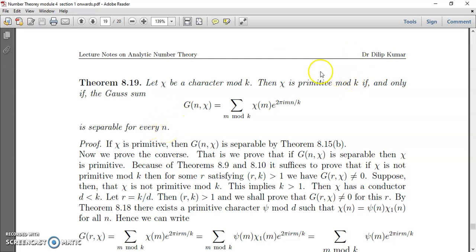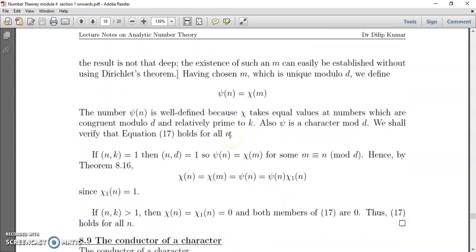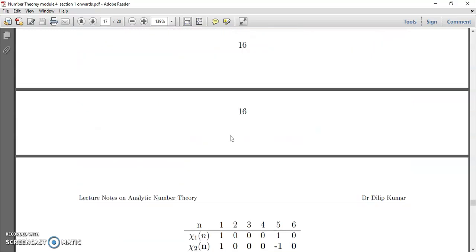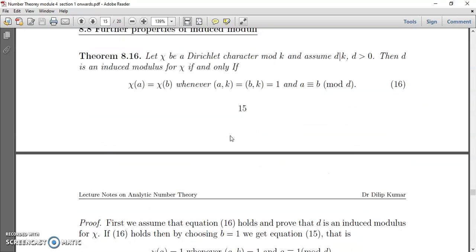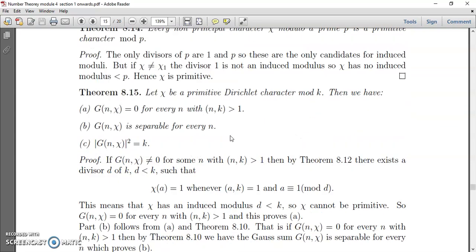But we have already seen that if chi is primitive, then g of n, chi is separable for every n. This part we have already proved in the 8.15 b part. I will show the theorem. We have already shown that if chi is a primitive Dirichlet character mod k, then g of n, chi is separable for every n.